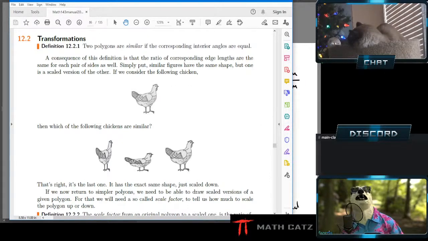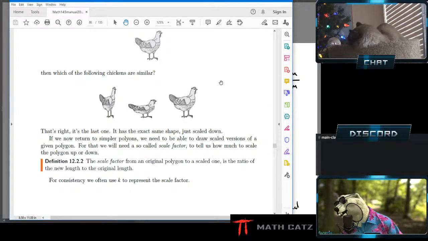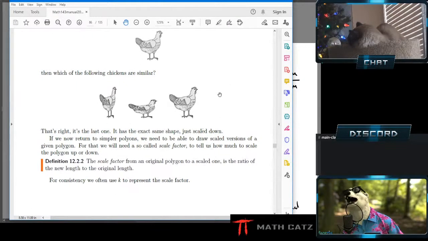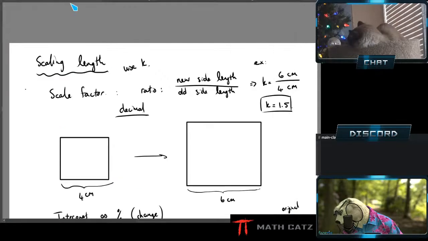The proportions of new to old side lengths will be the same. So when we talk about changing a polygon or a shape with specific side lengths, and we want to change the length dimension, we are going to refer to that change as the scale factor.